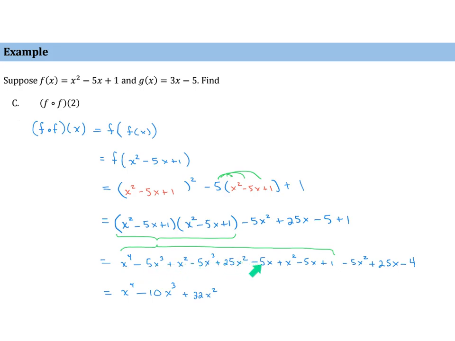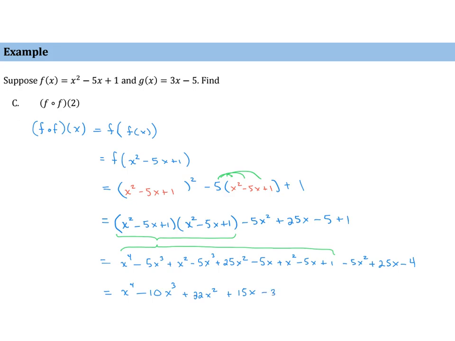We have negative 5x, negative 5x, and positive 25x. So that's going to be positive 15x. And then what's our constant going to be? We have positive 1 and negative 4, so we get minus 3.